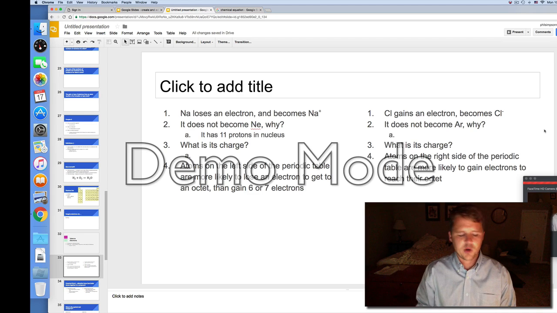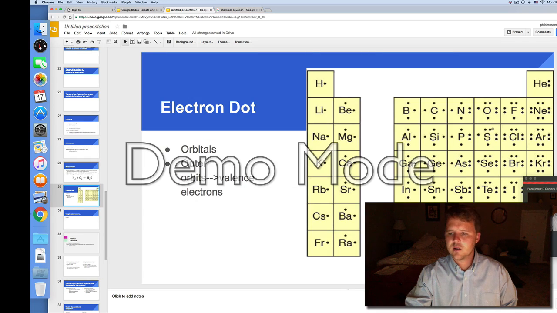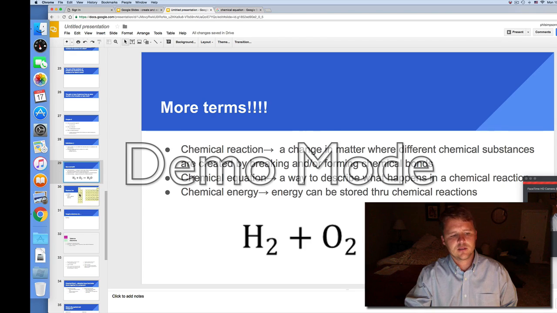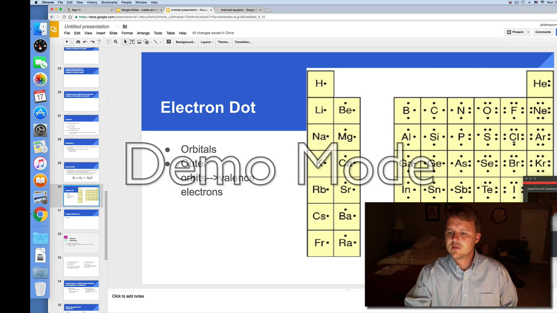Because on the periodic table, it's in the 7th family. So it's got 7 valence electrons, and it gains 1. So right here, chlorine gains an electron because it's got 7. So any element over here is going to want to gain 1.